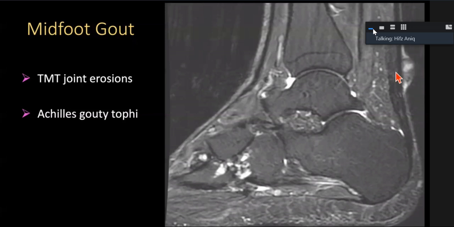I'm saying a mass could be anything. It can be just tendinosis, or it can be rheumatoid, but the patient has typical erosions in the lateral TMT joints. In rheumatoid very often, and gout. So remember all these things.